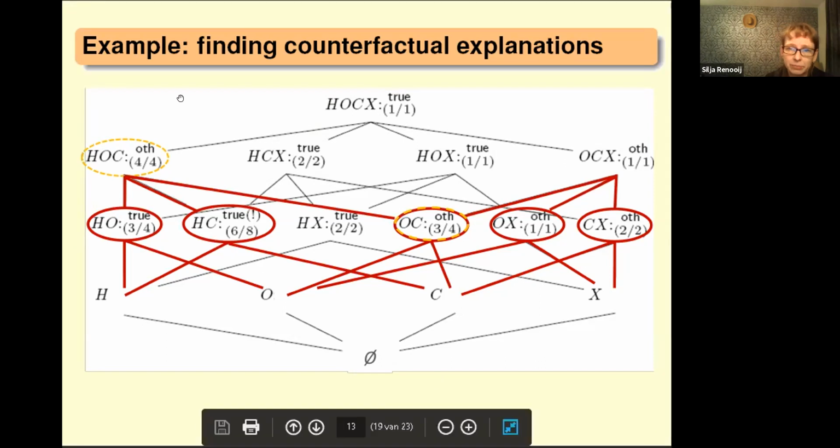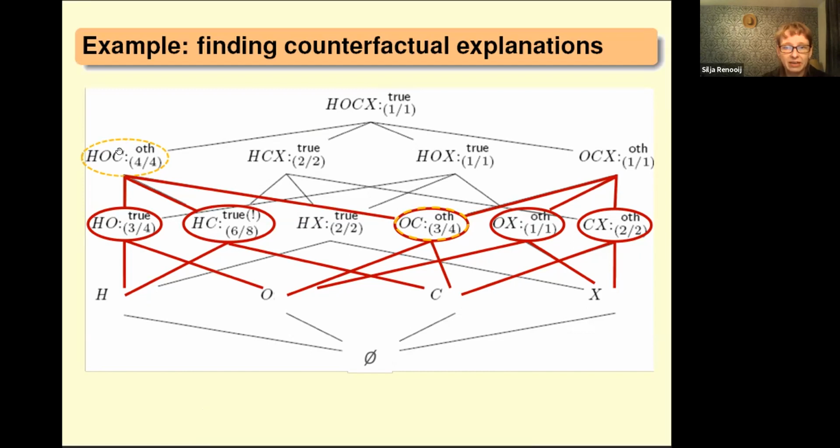And now you see, because I have one counterfactual explanation here for one of the values of x, I no longer have to invest computations where I include that value of x, because further down in the lattice, any combination that includes that value of x, I already have a smaller counterfactual explanation.